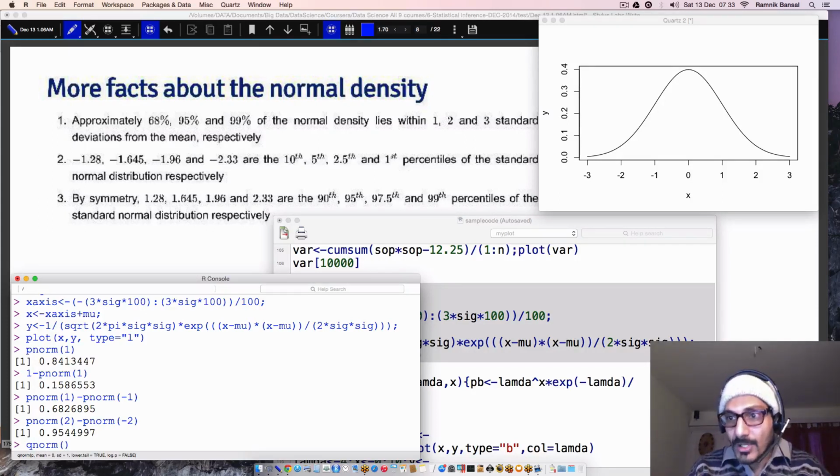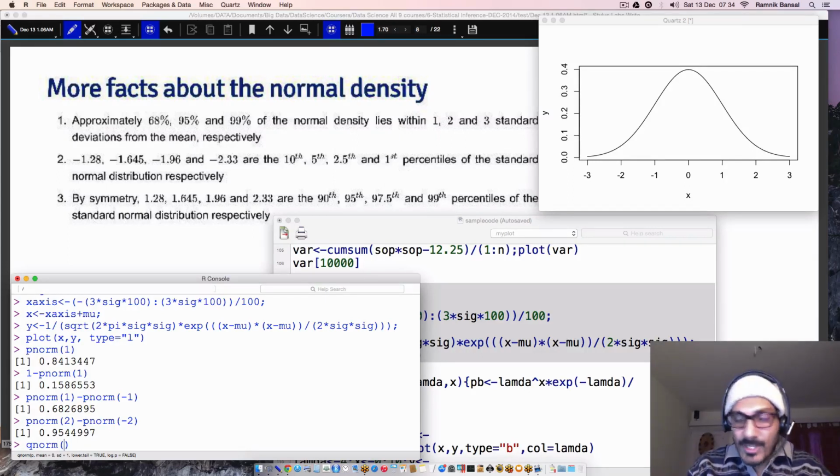In qnorm, my first input is probability.